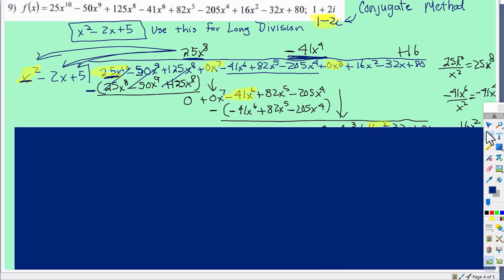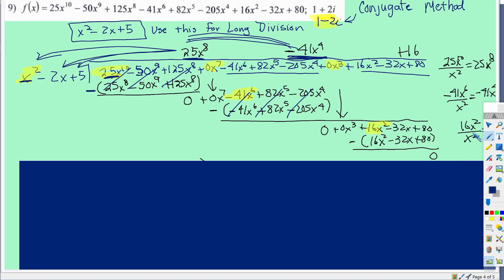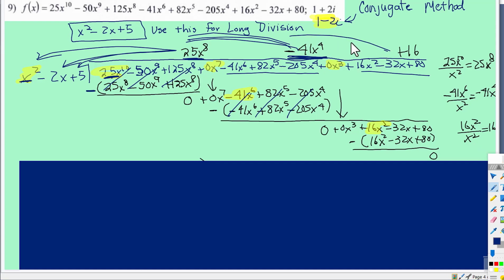And when you multiply, that whole thing zeroes out again. And now you bring down these 3. And then you take 16x squared, divide x squared, and that leaves you with 16, and then multiply all 3 terms, and then those cancel. So now you have this trinomial.